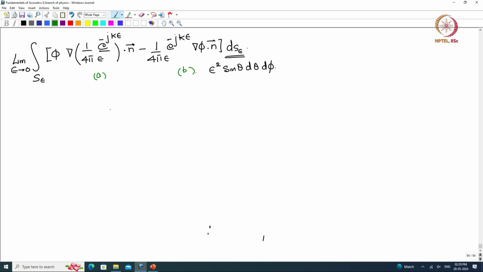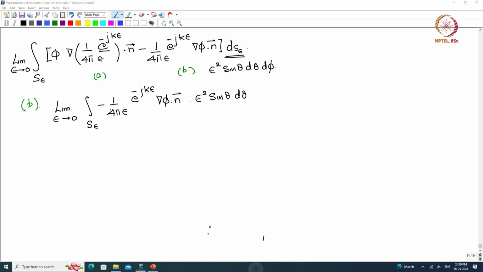Now, if we consider the term B over here, which is the limit epsilon tending to 0 of the integral over that surface of minus 1 by 4 pi epsilon e to the power of minus j k epsilon, gradient of phi dotted with n, into epsilon square sine theta d theta d phi, that becomes equal to, we are integrating around a singularity at r dash.